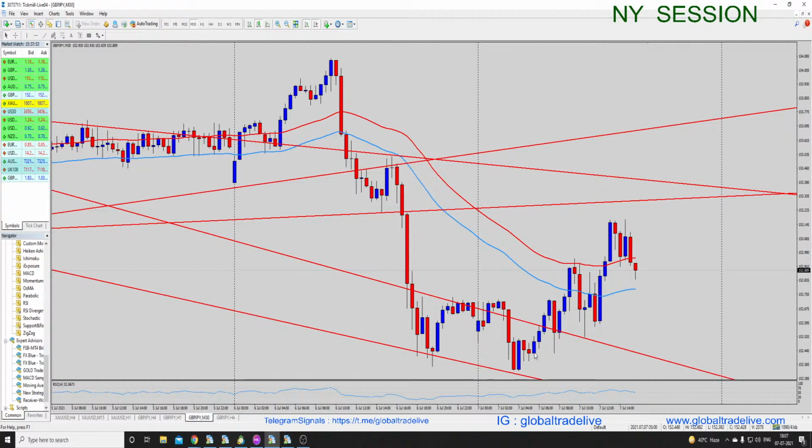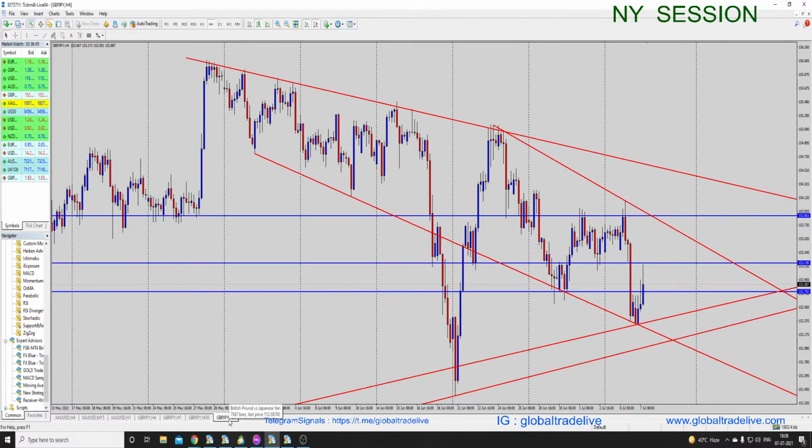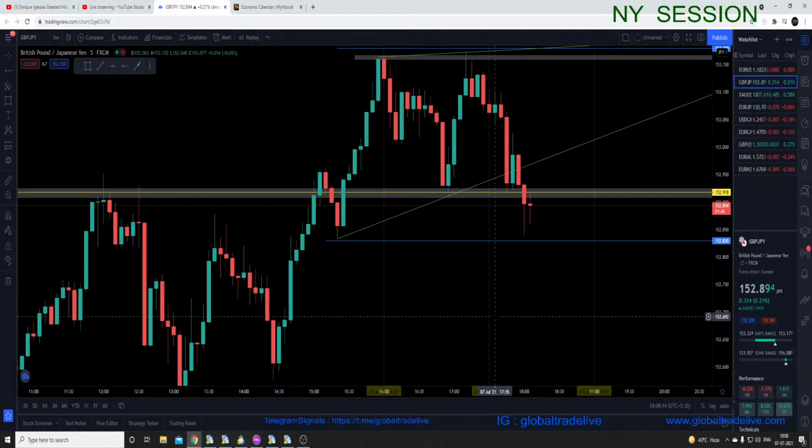So if this whole up move was a retracement, then we'll be getting a downward fall very soon. And I think this 4-hour candle will be rejecting this area and will be closing back in here somewhere around. So we need to get ready to execute sells.